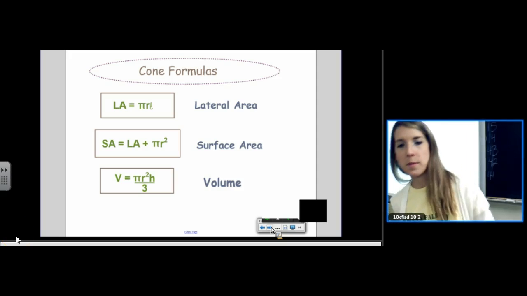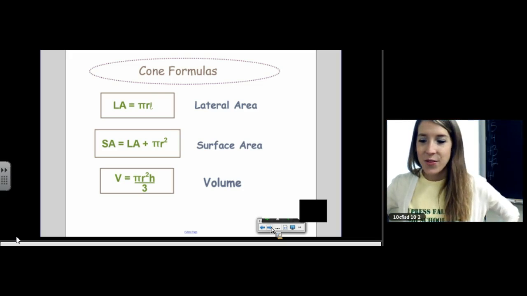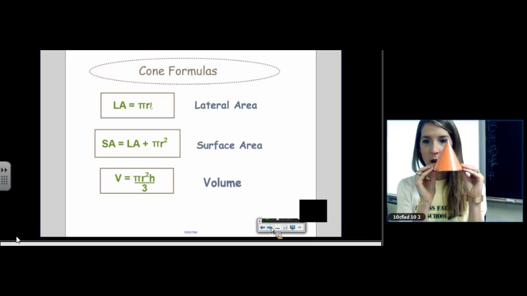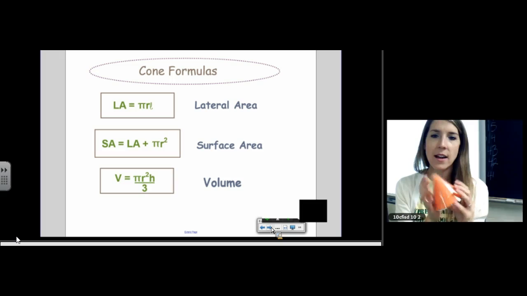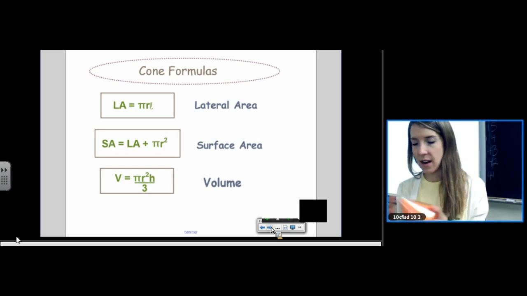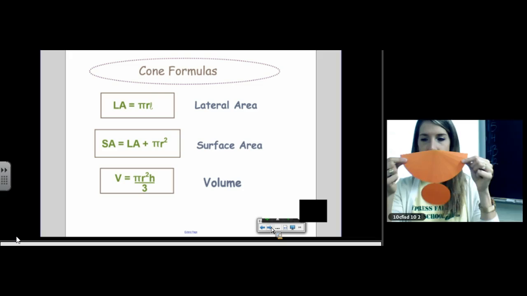Here are the cone formulas. These differ a tiny bit from your formula chart, so I'll talk about that. The lateral surface area is just pi times r times L. So it's not 2 pi RL, kind of like it was in a cylinder, 2 pi RH, because that surface area is kind of like half of the cylinder, the lateral surface area.